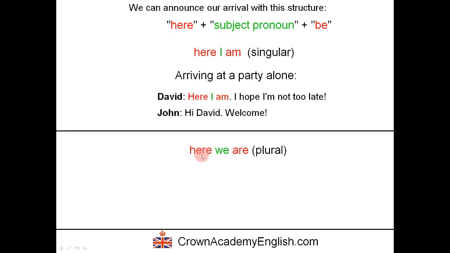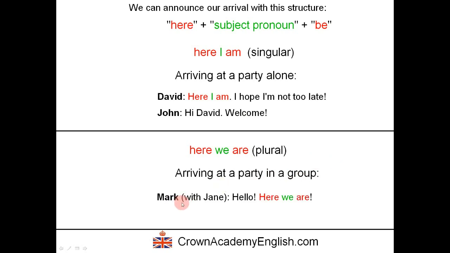And in the plural, we say, "Here we are." Here we are. Okay, here, subject pronoun, and the correct form of the verb be, which is are. So arriving at a party in a group, so more than one person.